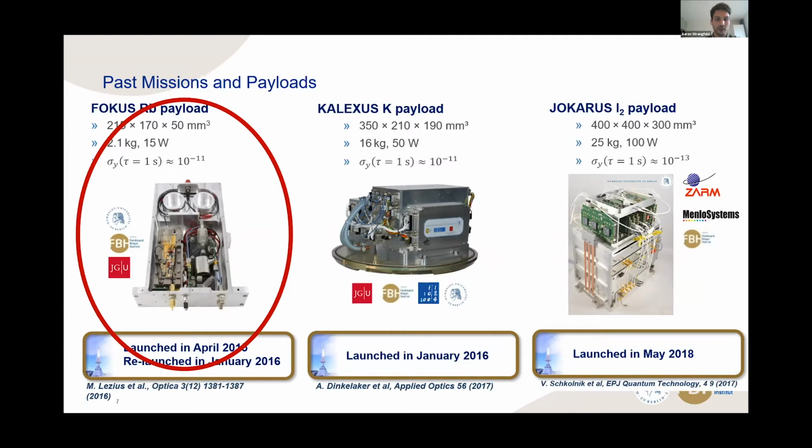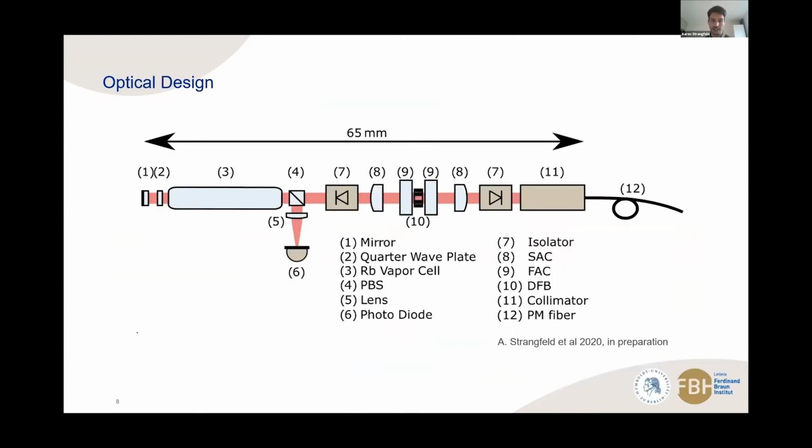And with this, I came up with a design which is quite straightforward regarding the alignment and is fiber coupled and already promising. The length is limited to 65 millimeters based on the 100 millimeter side length of a 1-unit CubeSat system. So I would go through this quickly just to explain to you how this optical setup works.